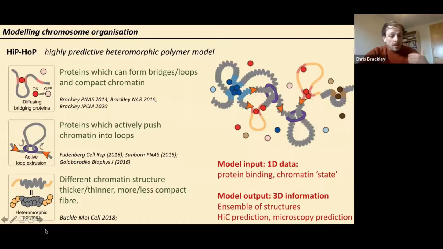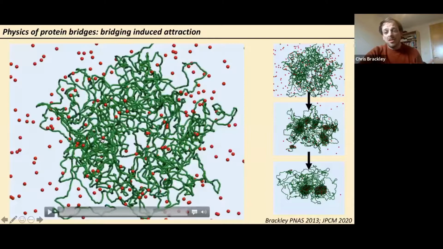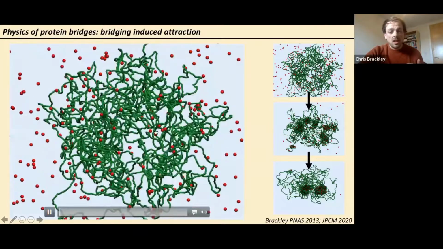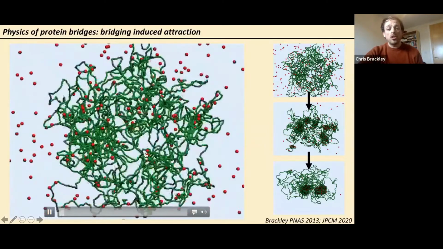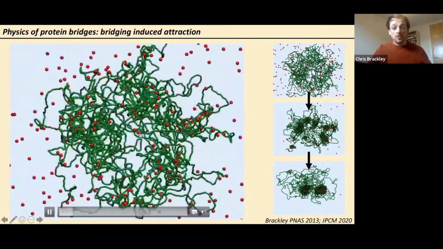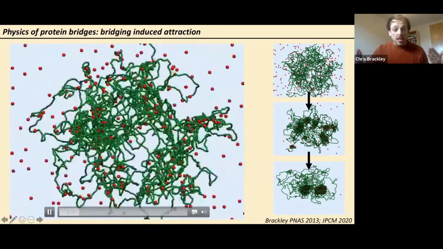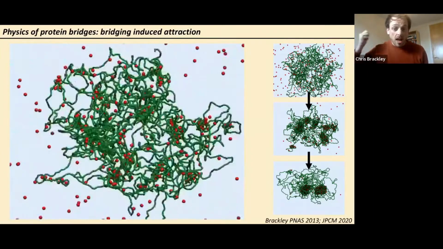Okay, so these were the three ingredients of the model, and there's interesting physics involved in all of these. I don't have time to talk about all of that, so I'll just say a few things about this first one. As I said, this diffusing bridge protein model is something we've been studying for quite a while now. It started with this simple simulation where we just had a uniform polymer shown in green here representing a piece of chromatin. We put that in a simulation with these spheres representing some proteins.